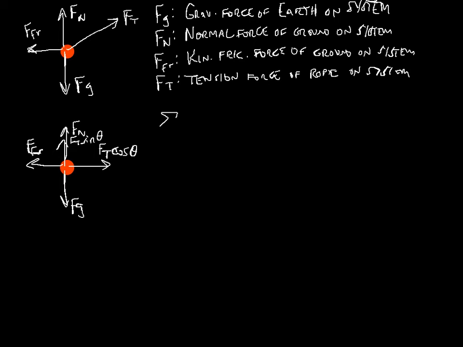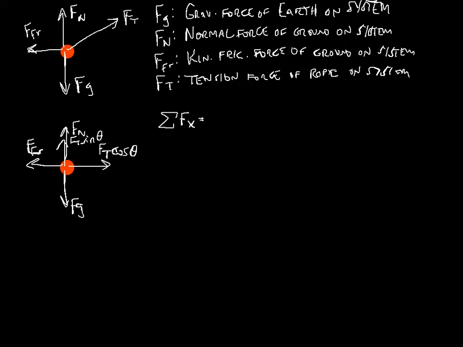So we'll start with the sum of the forces in the x direction. The sled is moving at a constant speed, it says that specifically in the problem: calculate the force the father exerts to keep the sled moving at a constant speed.